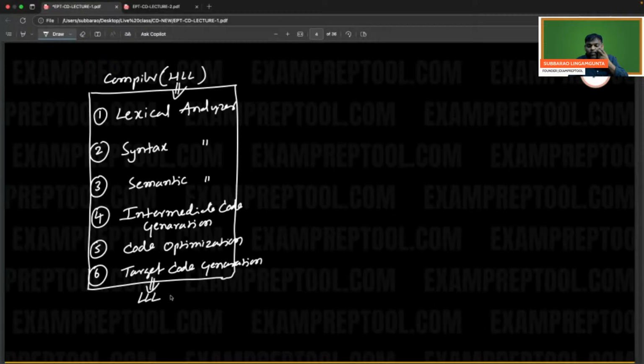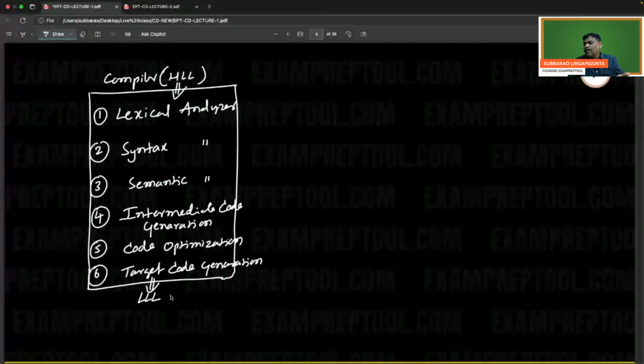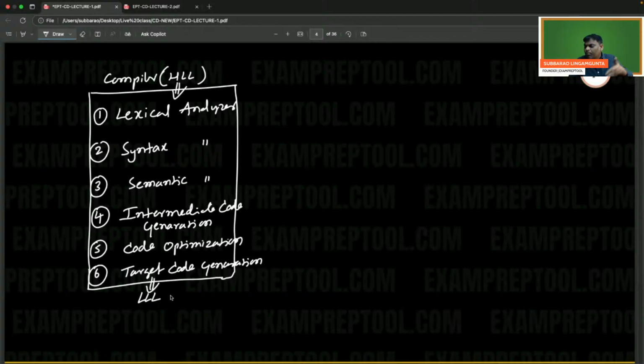You may be thinking, converting high level to low level, why that much? First you have to understand what is going on. If you go a little deeper, you feel that it is very difficult. So compilation, converting from high level to low level, is a very complex task.